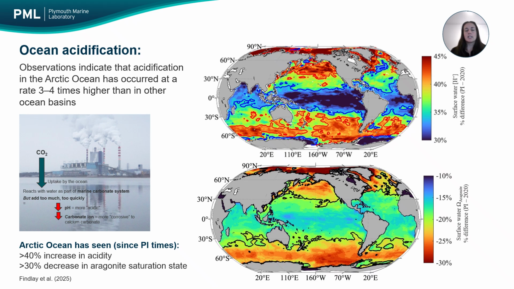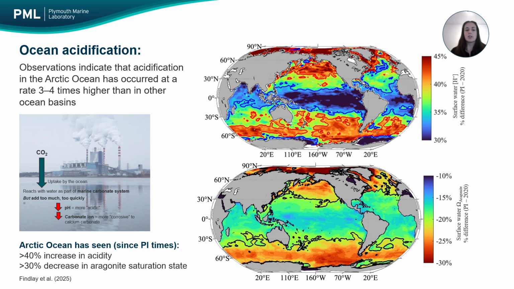So this is latest data from our Ocean Acidification Planetary Boundaries paper, which came out in June this year, and the maps show how the surface ocean has changed in terms of acidification from pre-industrial times to present day. The top map represents the hydrogen ion concentration, or the acidity of the ocean, and the bottom map represents the aragonite saturation state, a measure of the corrosivity of the seawater to carbonate ions.